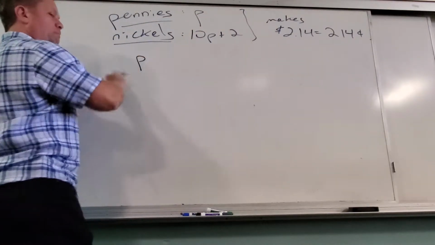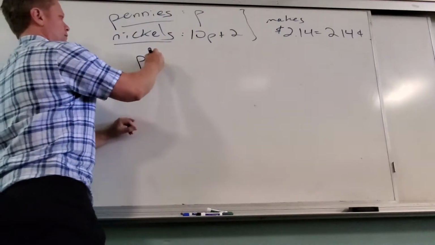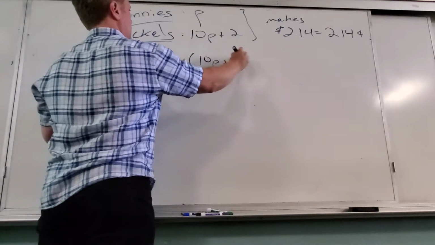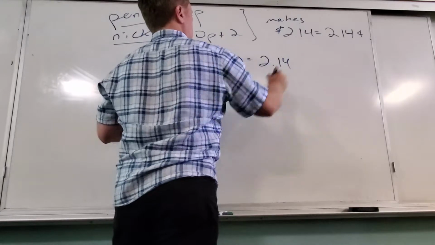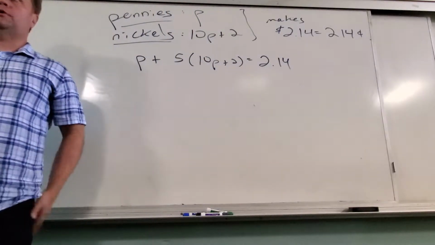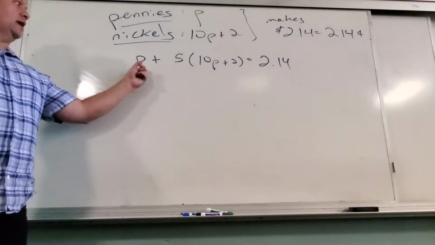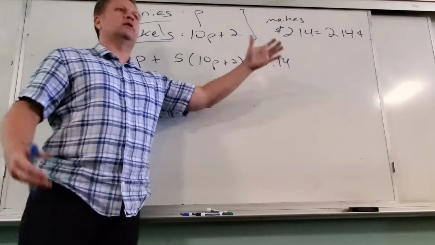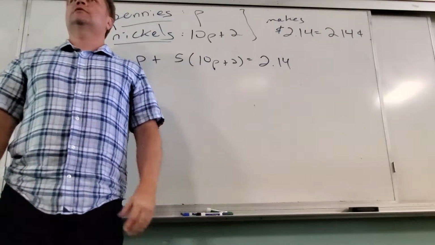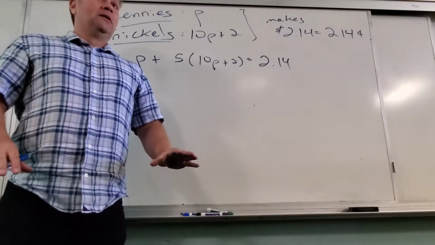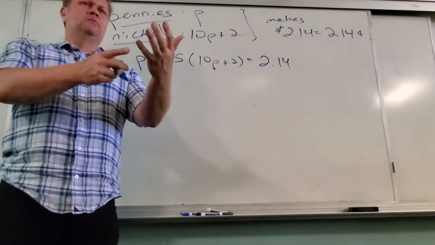All right, so I got 1P. Plus, for each one of these, 5. Now watch, I'll have somebody do this. Why is that wrong? Because you got cents plus cents equals dollars. That equation doesn't make sense.